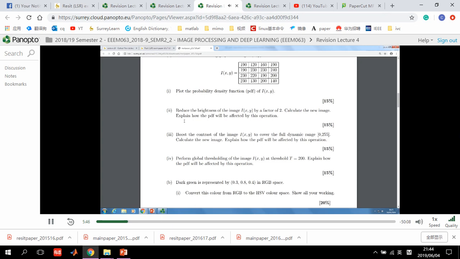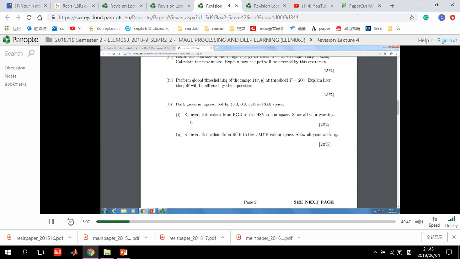Yeah? Okay, does that make sense? Right, so the next part of the question is a colour conversion question. It says dark green is represented by the following values in RGB space.